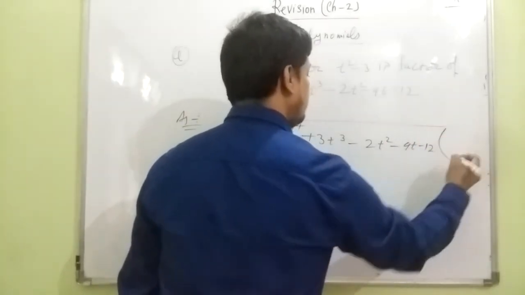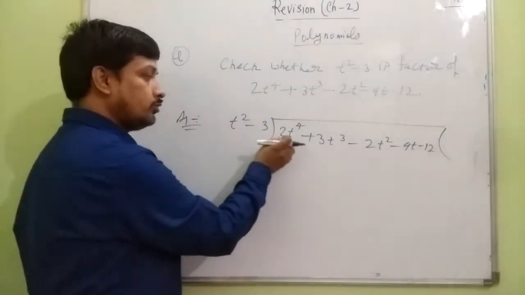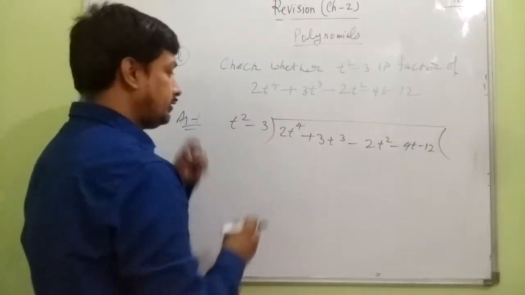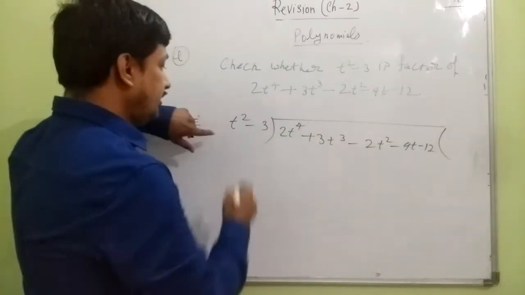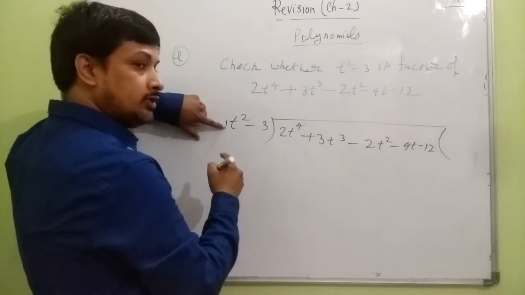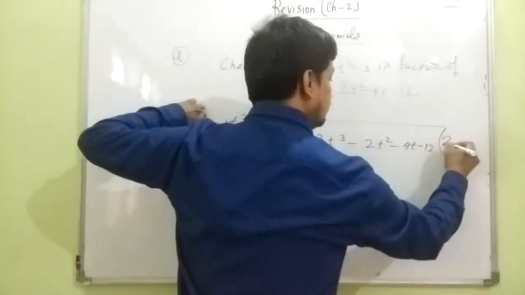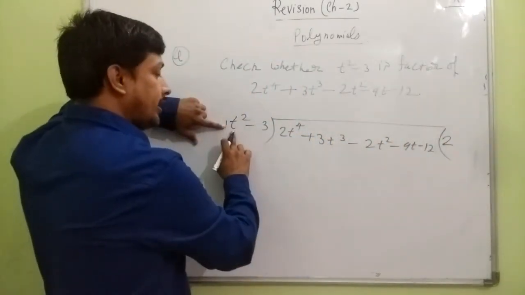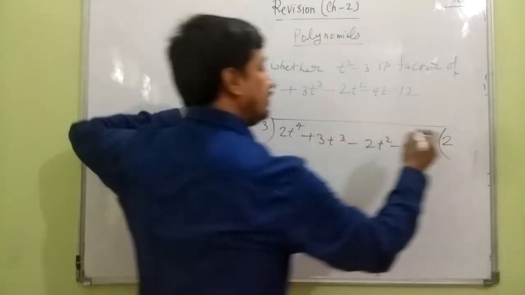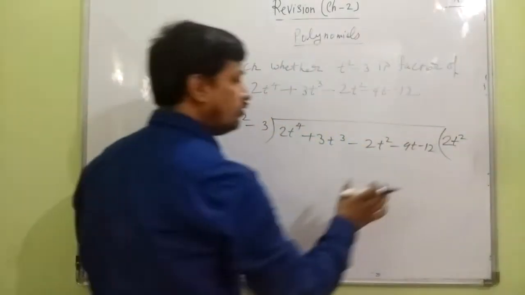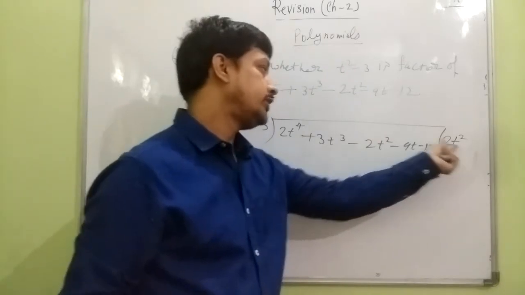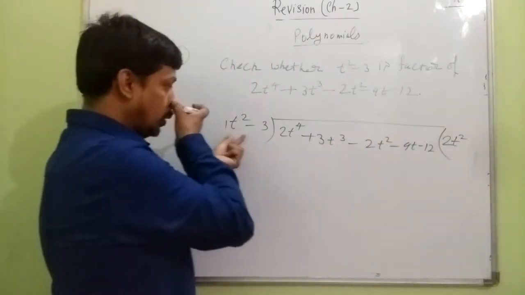So first of all, you have to make t square into 2t to the power 4. So by which number do you have to multiply to make it 2? And t square to be t to the power 4, we will multiply it by t square. So overall, you will have to multiply 2t square by this whole expression.